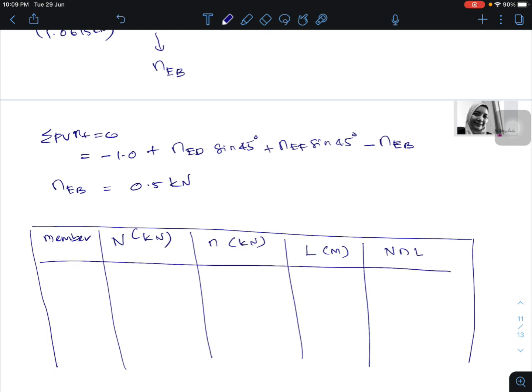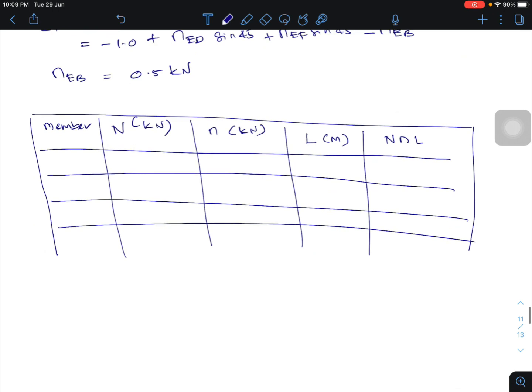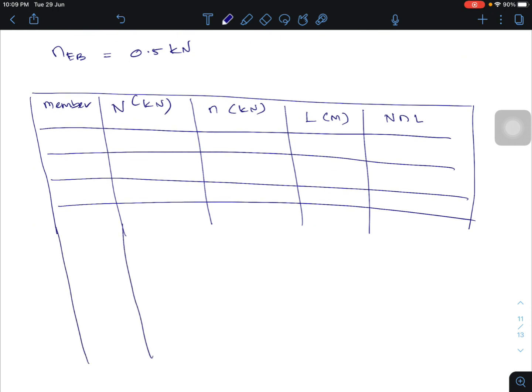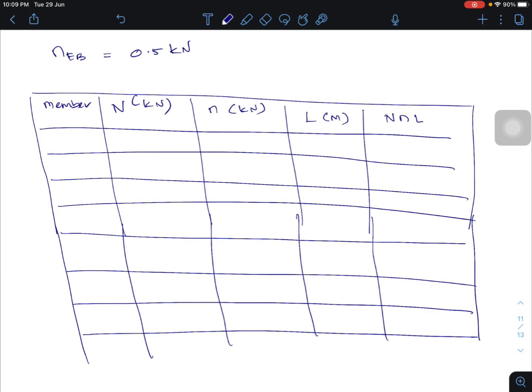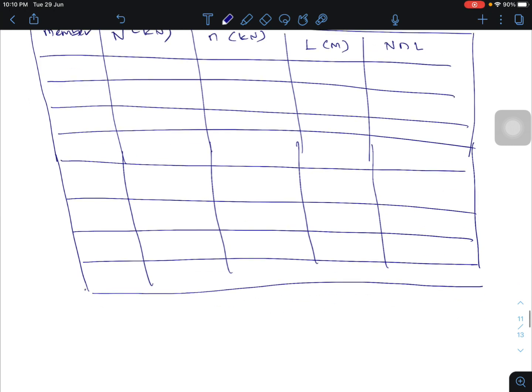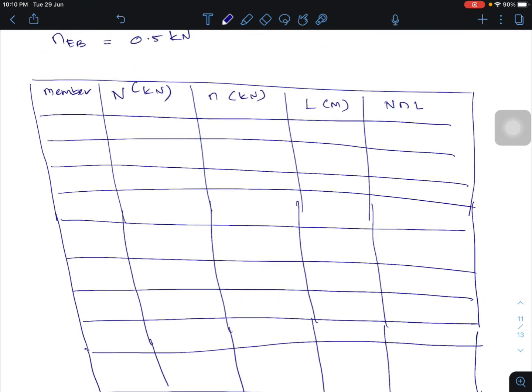Okay, so we have 9 members: 1, 2, 3, 4, 5, 6, 7, 8, 9. Hopefully you can understand what I write.